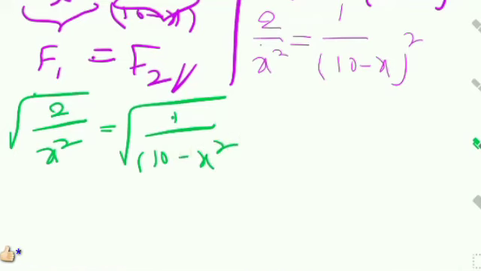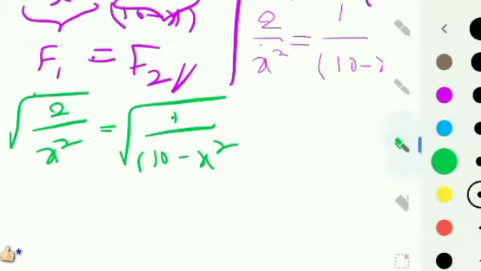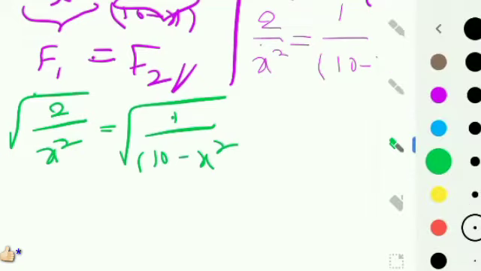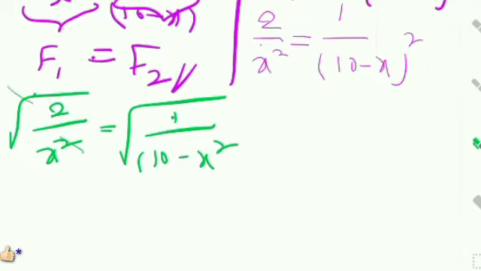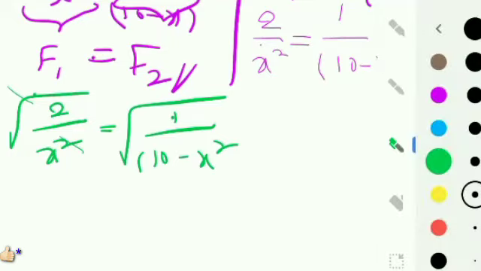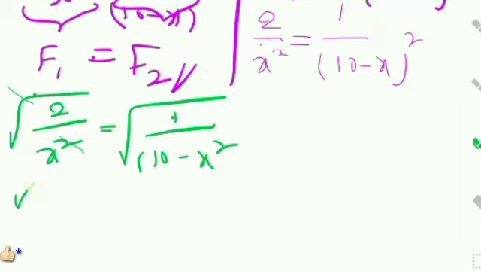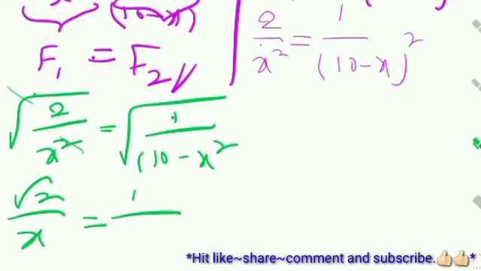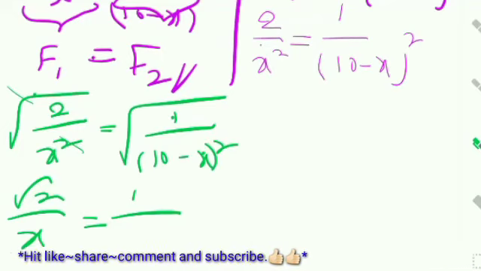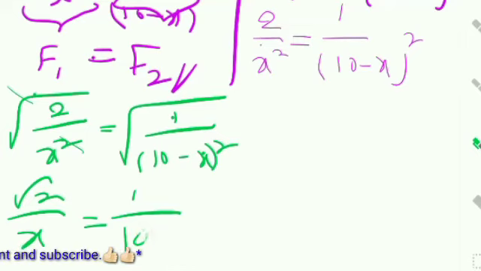Taking the square root, root 2 by x is equal to 1 by 10 minus x; the square roots cancel.